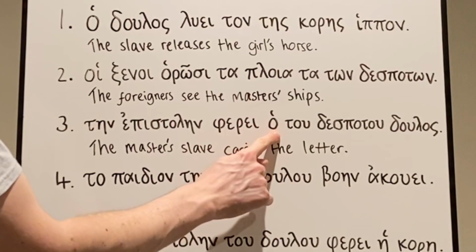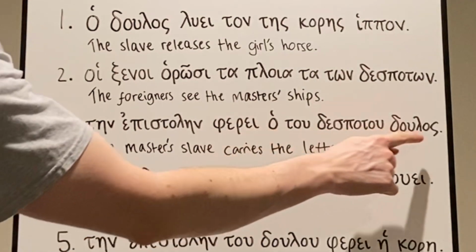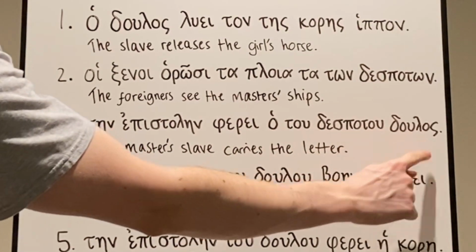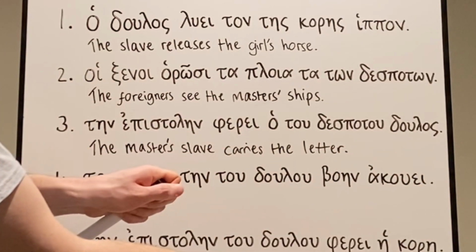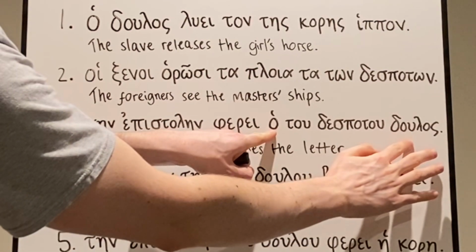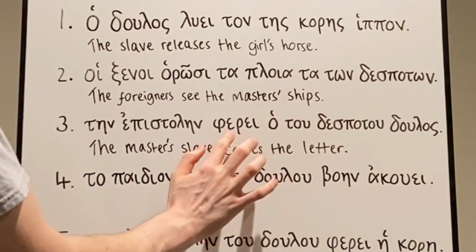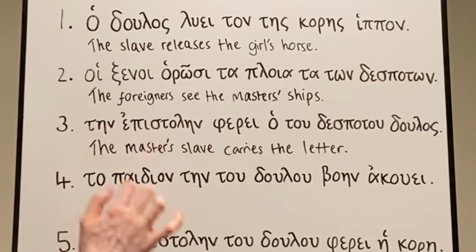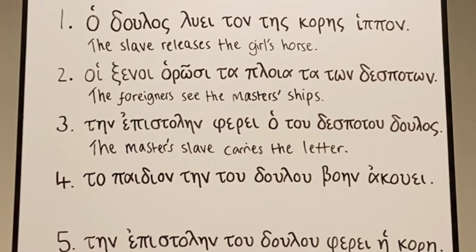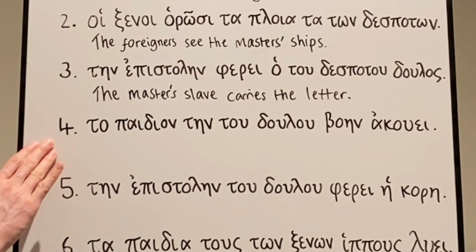And because of the nominative nature of the slave, because the slave is the subject, we know to literally translate this as the slave of the master carries the letter. Or in other words, the master's slave carries the letter. Let's try the fourth one now.